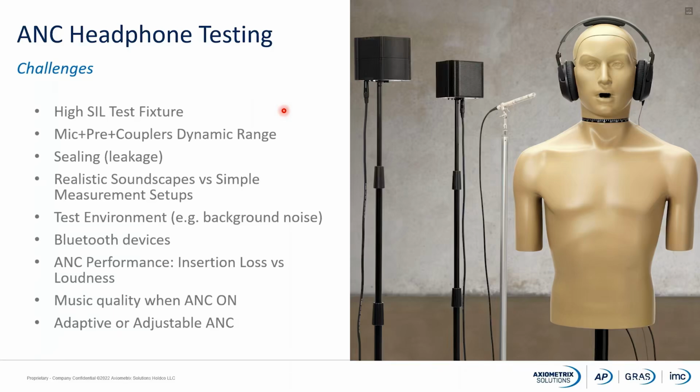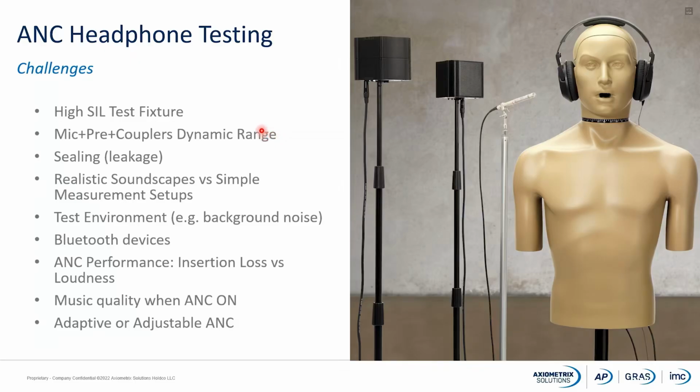We can't forget about the dynamic range of the combination of our microphone, preamplifier, and ear simulators. First of all, we have to consider the upper dynamic range limit, that is the maximum sound pressure level that they can measure. We need to consider that, for example, in cases that we would like to test with very high sound pressure levels.